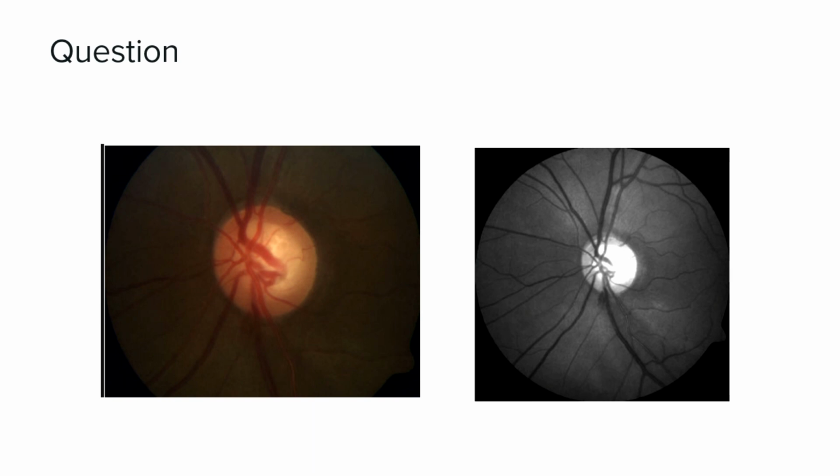There is inferior sloping, and in the red free filter we can see an inferotemporal wedge defect, wedge shaped RNFL loss, and inferiorly in the red free there is an inferior disc hemorrhage. So disc hemorrhages are also better appreciated on the red free filter.